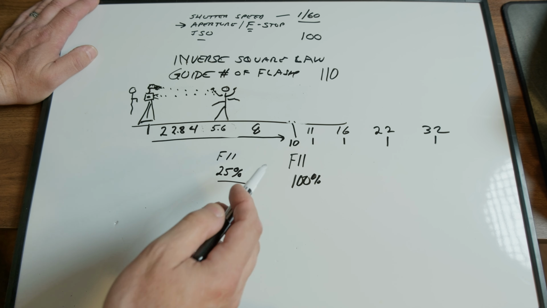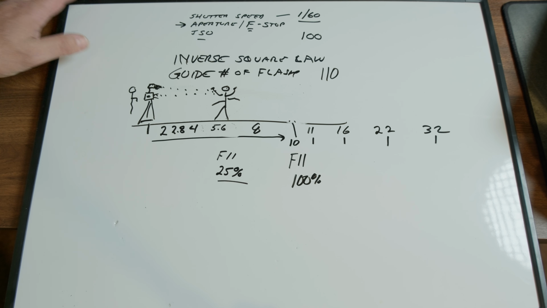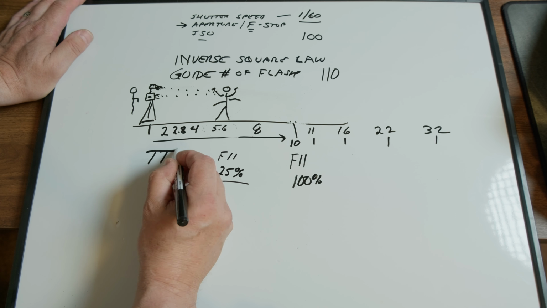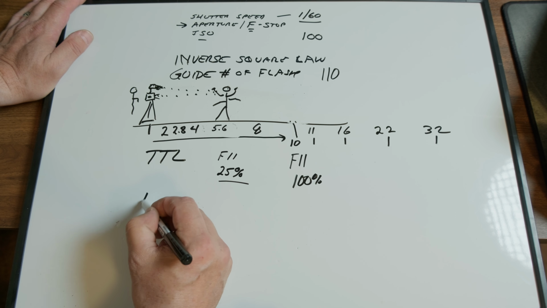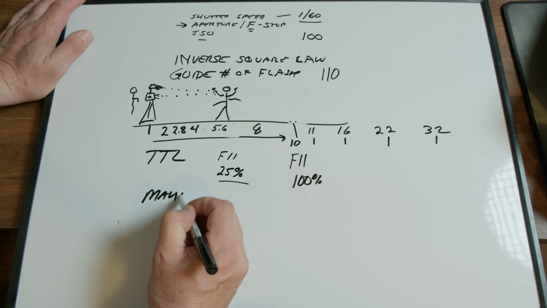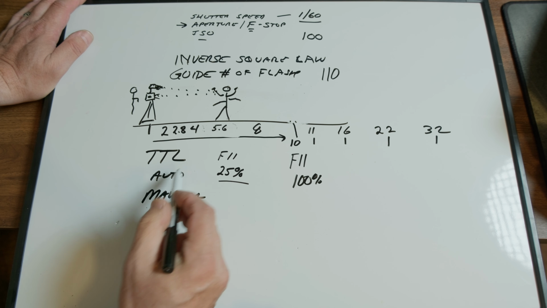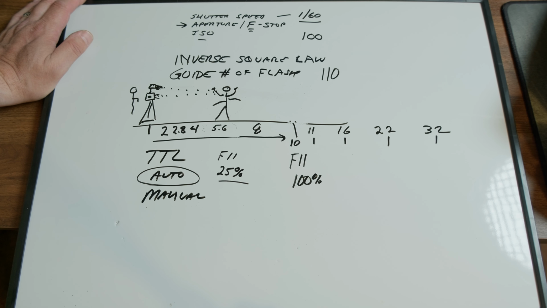If you know how flash works, TTL, I don't like it personally. The problem with TTL flash units for me is they tend to give you TTL, and maybe they give you manual. But I also like to have an auto mode built into the flash because that's how I like to shoot. I like the auto mode.